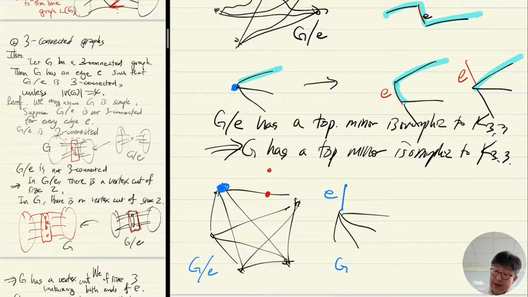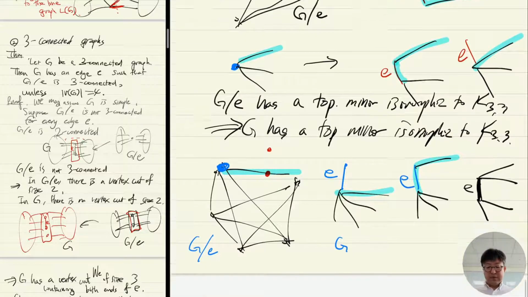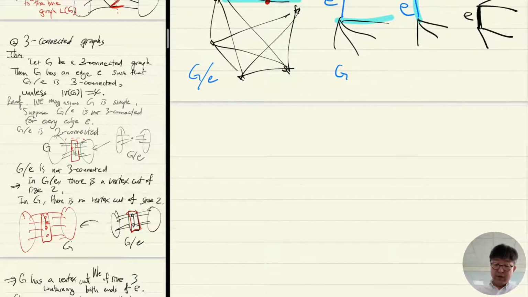Or maybe it's split into 1, 3, and edge E is here. In this case, it's easy, right? So this path is, again, this path. I'm going to take that as a path. But the tricky case is what happens if you split like this. So that's the case we will worry about.